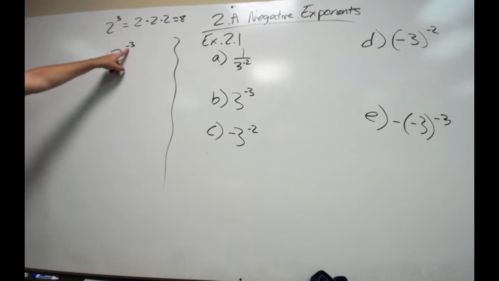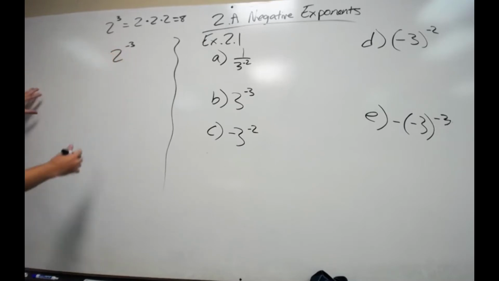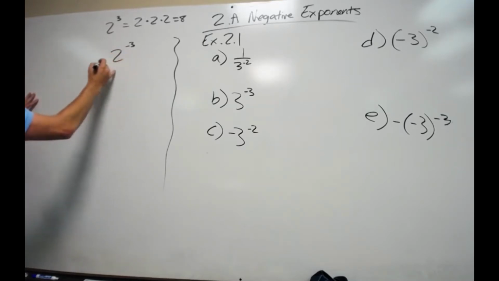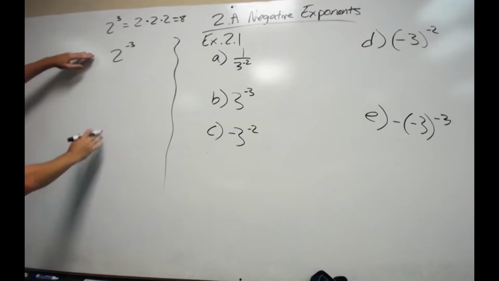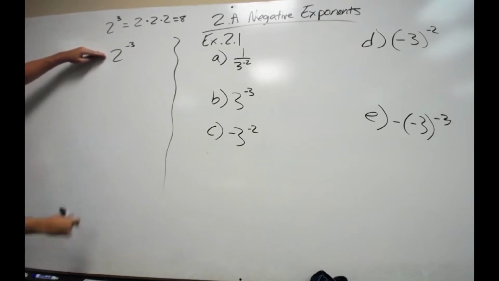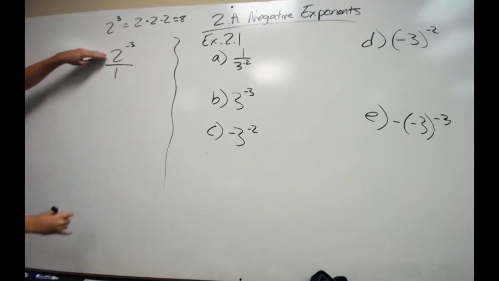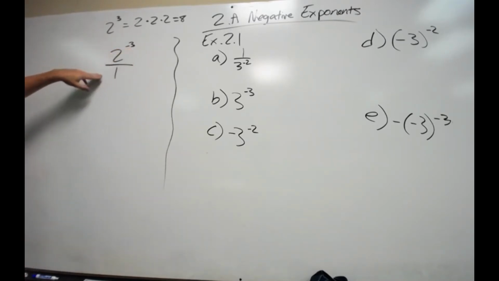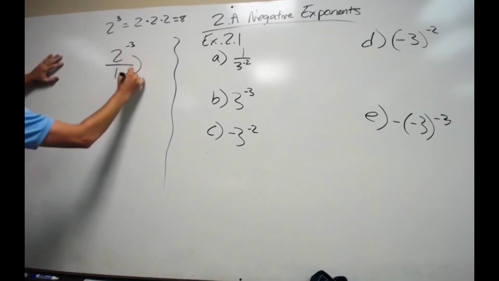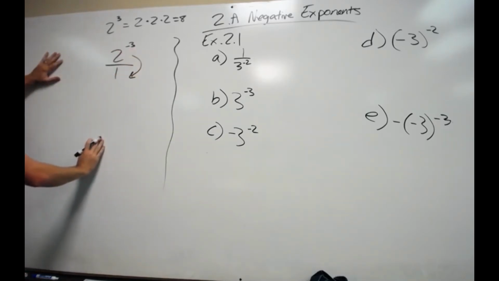All the negative sign means when it's on the exponent, key is when it's on the exponent, is that you switch the side of the fraction it's on. Right now it's in the numerator, so if I wrote it like this, we would see this is in the numerator. What the negative exponent means is we simply move it to the denominator, to the bottom.